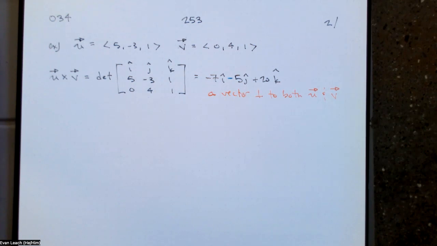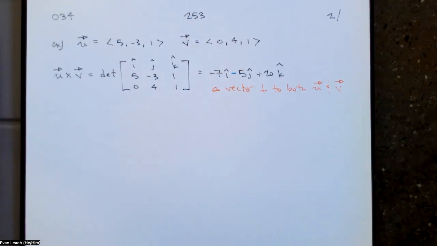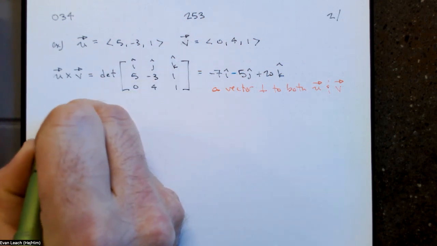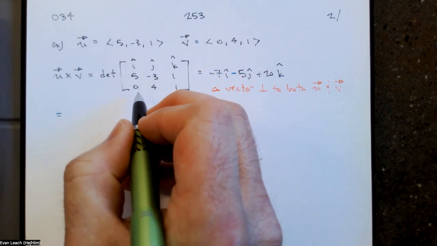So here is a vector that is perpendicular to both u and v. So the -7 is the first term in the cofactor expansion. So the first term in the cofactor expansion will be the determinant of everything without the I column.